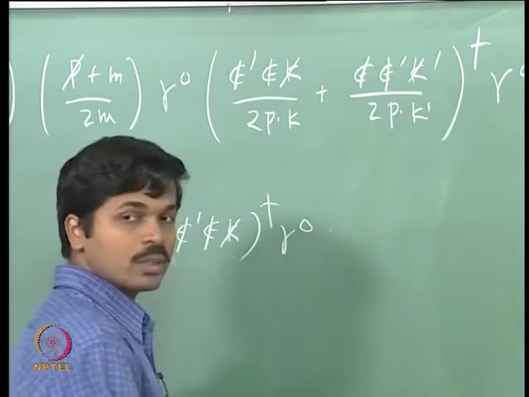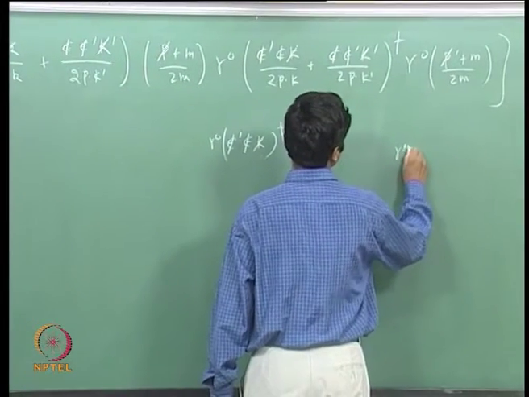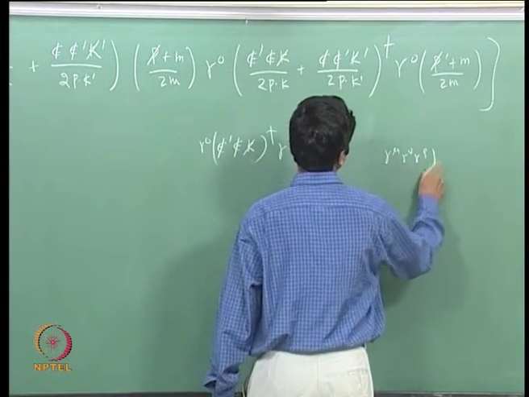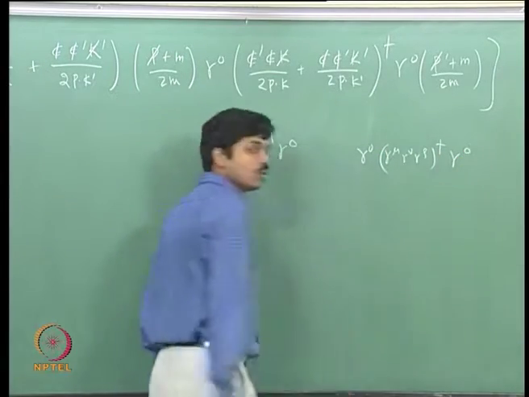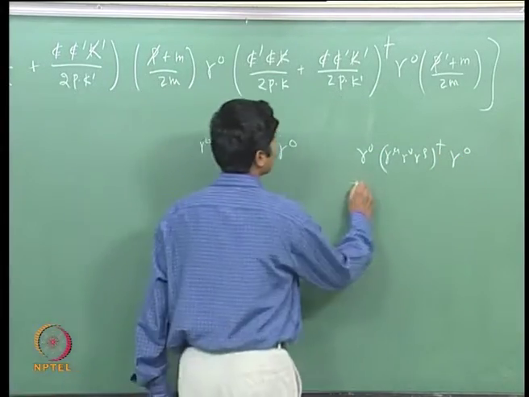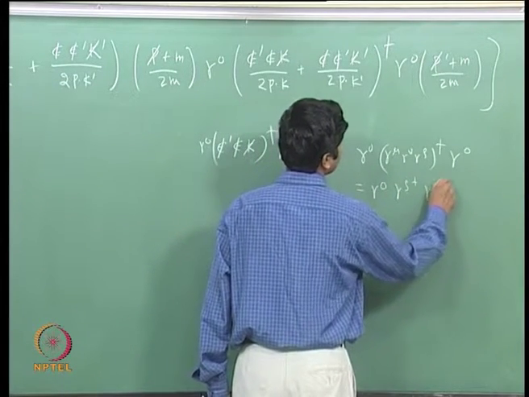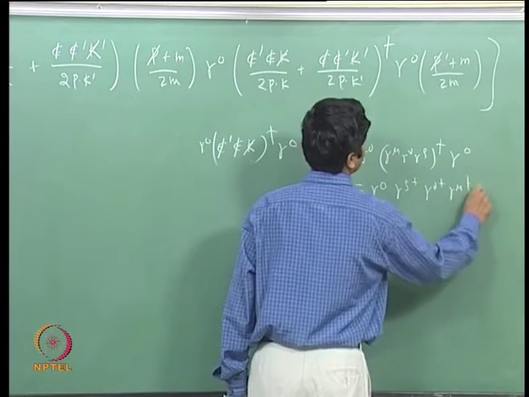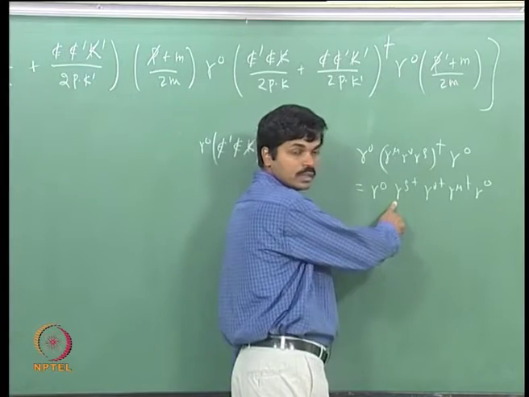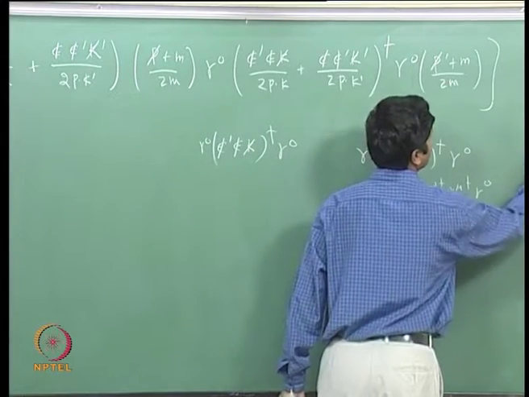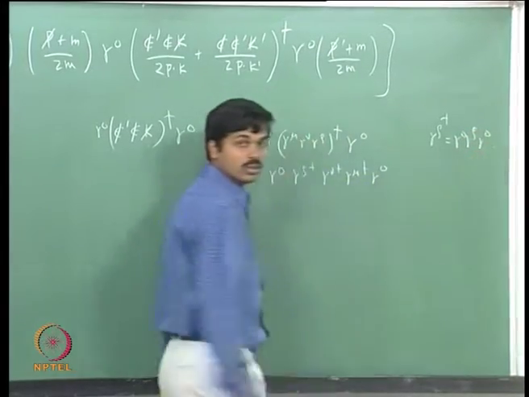This contains a bunch of gamma matrices. So, you have gamma mu, gamma nu, gamma rho dagger, and gamma 0 is multiplied on both sides. So, this will simply give gamma 0, gamma rho dagger, gamma nu dagger, gamma mu dagger, gamma 0, but gamma rho dagger is gamma 0, gamma rho, gamma 0.